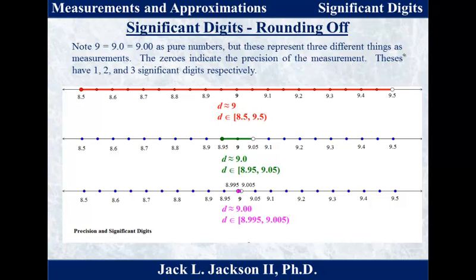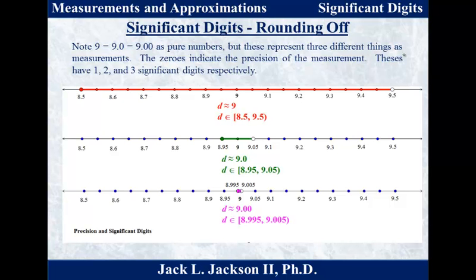So the next number line with the same scale, I've used the measurement 9.0. Well, that's between 8.95 and 9.05. Notice that width of that interval is much smaller. In fact, it's 1/10 as big as the red interval above. So saying 9.0 is saying that I'm measuring it more closely.